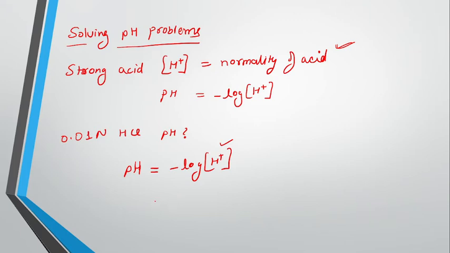Then what you will do? In place of H plus ion concentration, you will put the normality. So what is normality here? 0.01. Okay. So pH in this case will be equal to 2. So the pH of 0.01 normal HCl is 2.